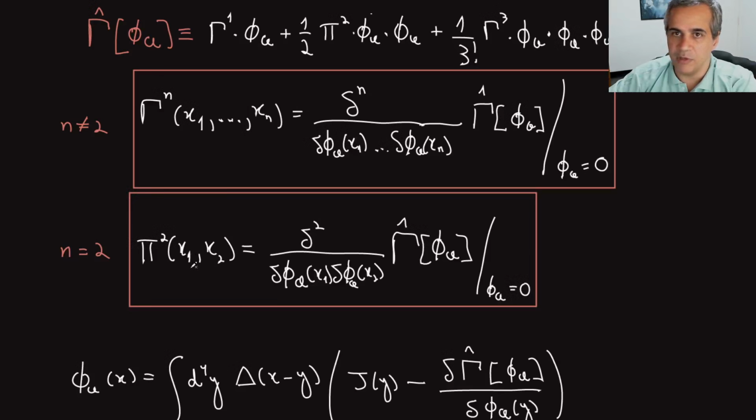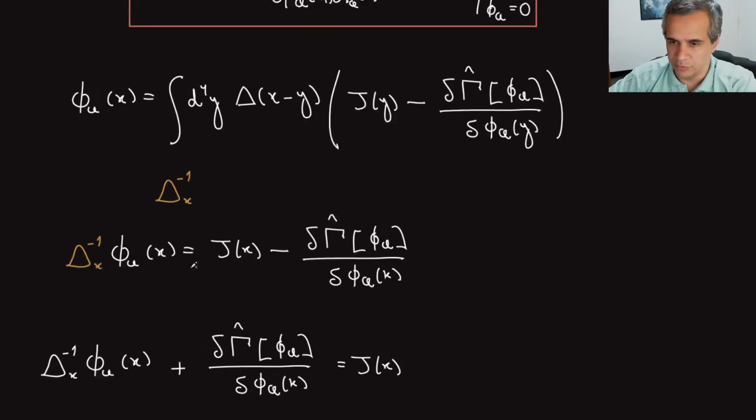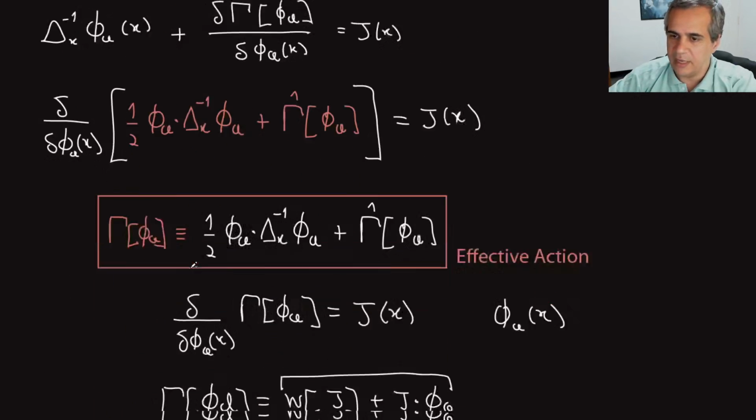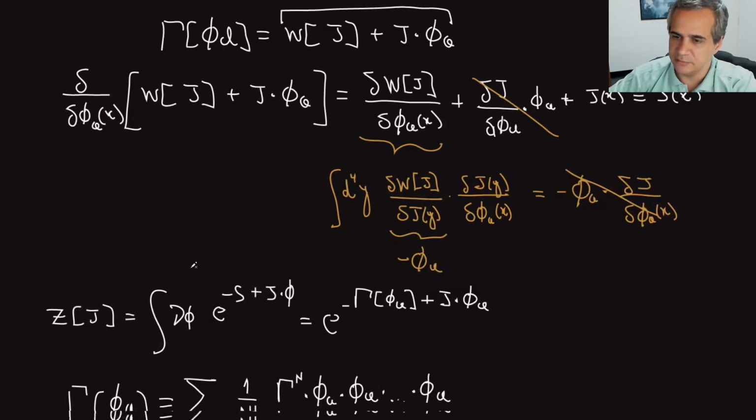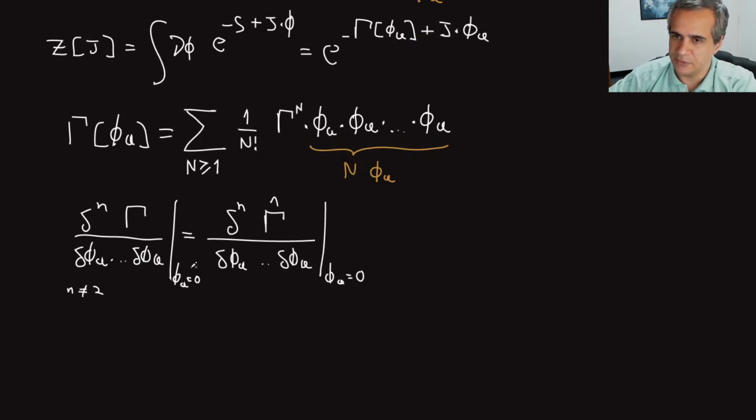Now, for the number of derivatives equal to 2, that equation actually implies a new definition for gamma 2. Let me write it explicitly.